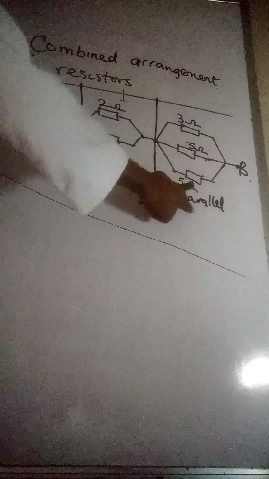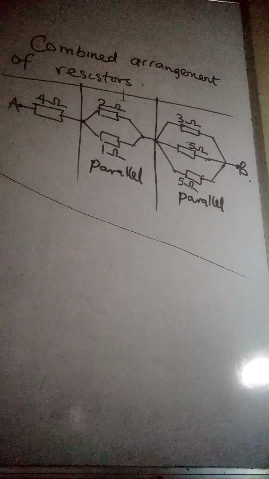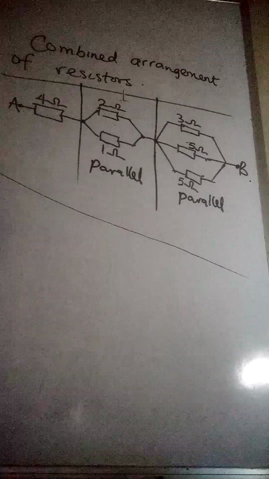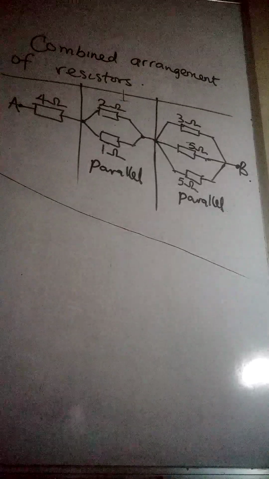Then this is parallel. You will apply the parallel formula to solve this. This is only one here, so we leave it the way it is. Now go and find this, the combination of these two, using the parallel formula, and find this one. Then let us meet and present our answers. I'm doing mine also.